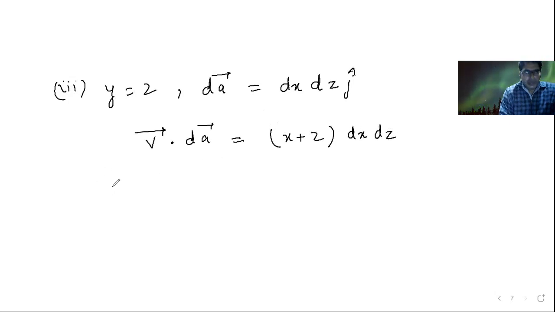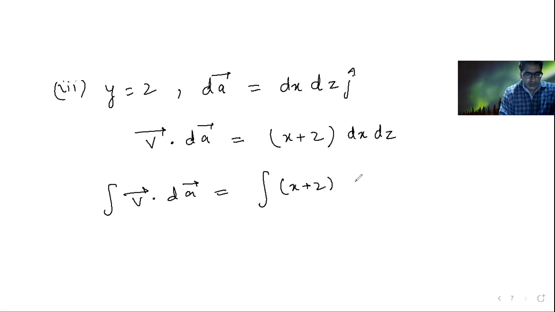Then we integrate v dot dA, which is x plus 2 dx times dz. Limits on x are from 0 to 2 and on z 0 to 2.